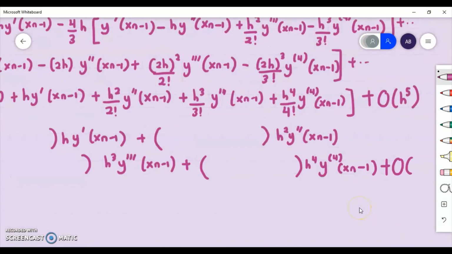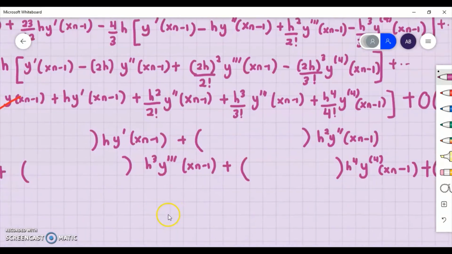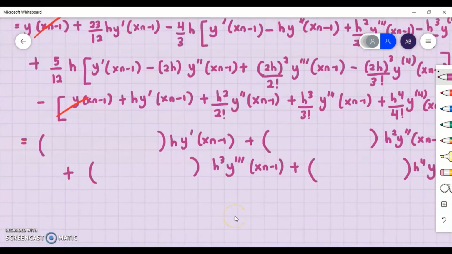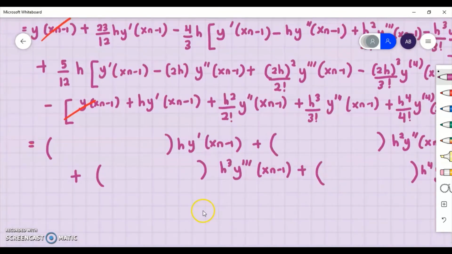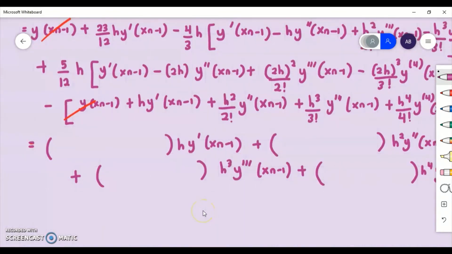Okay, so I can guarantee you, all the terms involving y prime, y double prime, y triple prime will cancel out. Let's check that. For the h y prime term, I have 23 over 12, and then negative 4 over 3, and then 5 over 12.